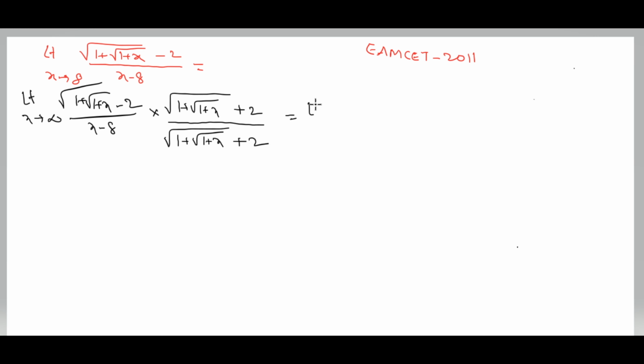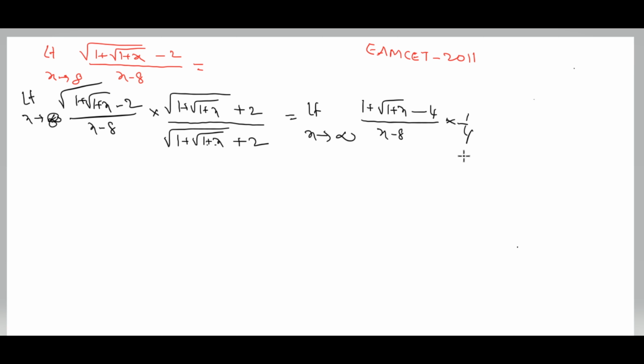It is in the form of (a minus b) into (a plus b), that is 1 plus square root of 1 plus x minus 2 squared, which is 4, by (x minus 8) into the conjugate. As x tends to 8, substituting in the denominator, 1 plus 8, root 9 is 3, so 1 plus 3 is 4, root 4 is 2, so that value is 1 by 4.